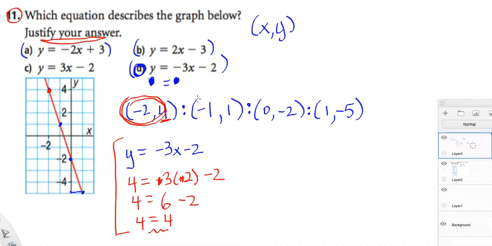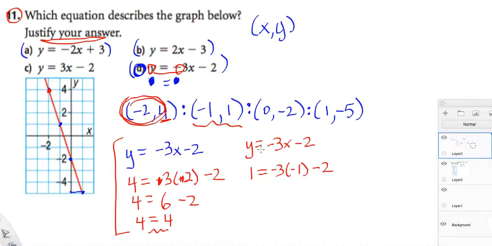Just to keep going, let's do the rest as well and see if all of these plot points, when we put them into this equation, have the number on this side equal the number on this side. Then we know that this equation is describing this line. Again, y equals -3x minus 2. We'll take the y value as 1. Then we'll take -3 multiplied by -1 minus 2.